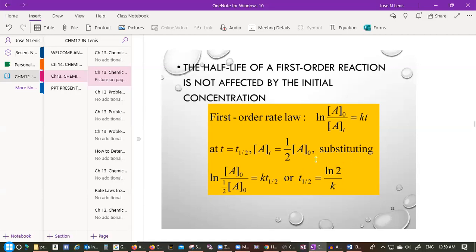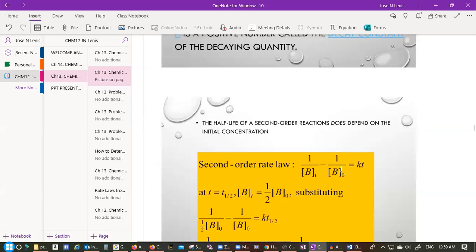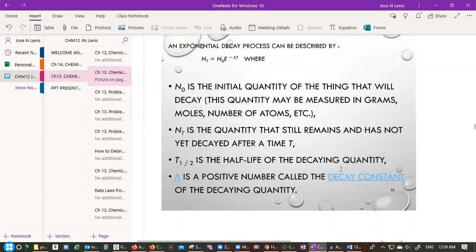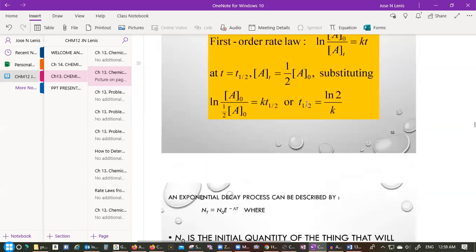You can leave it this way, but you can just go to the calculator and find what is the natural log of 2. And you will get 0.693. Yeah. So it's going to be constant. So this is going to be the shape of the half-life of any radioactive material.